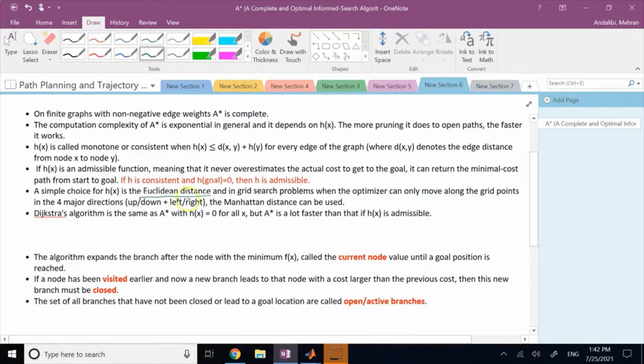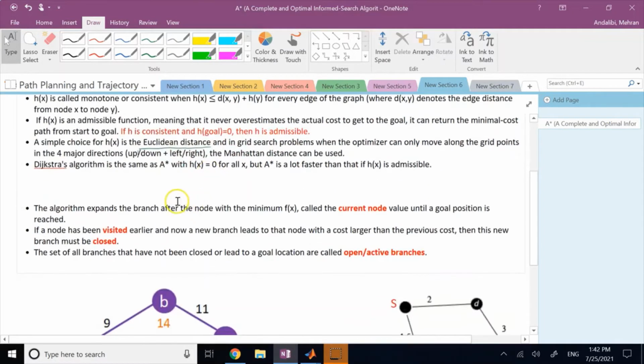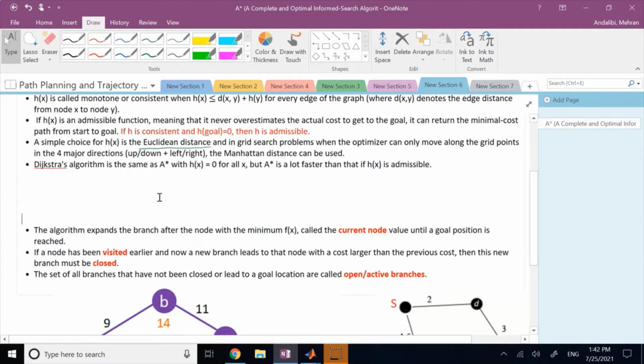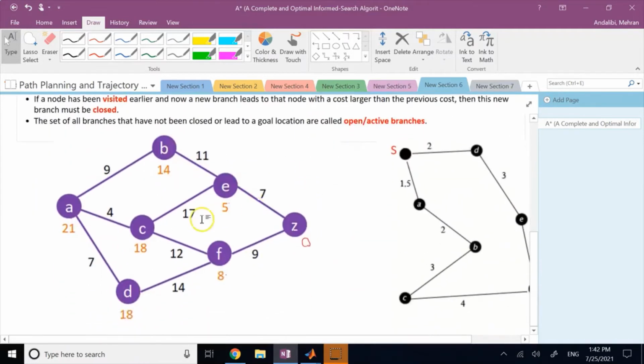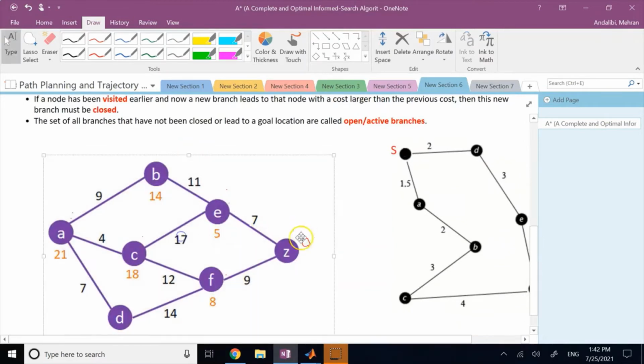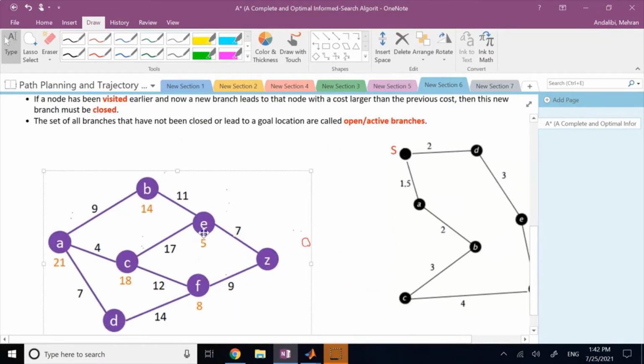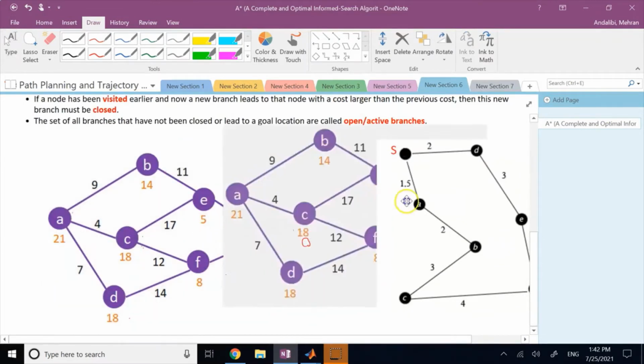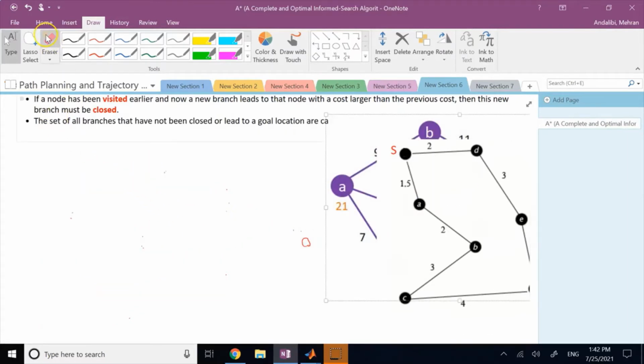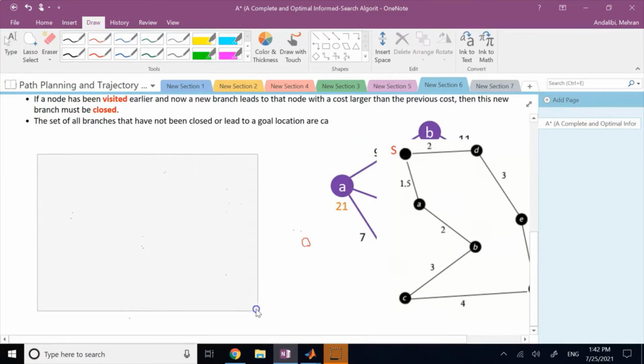So basically, if you are at one location and you want to go to another location, all you need is the Euclidean distance, which is clearly the square root of delta x squared plus what?